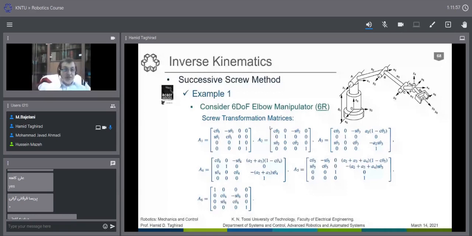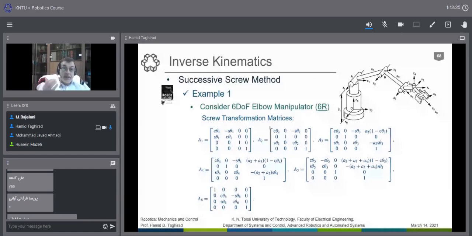Usually you ask some question that I have not fully elaborated in the class. When we have the Pieper theorem, or if we have the three intersecting point, the solution becomes much easier to find. This doesn't mean that if we don't have intersecting joints, we cannot find the solution.